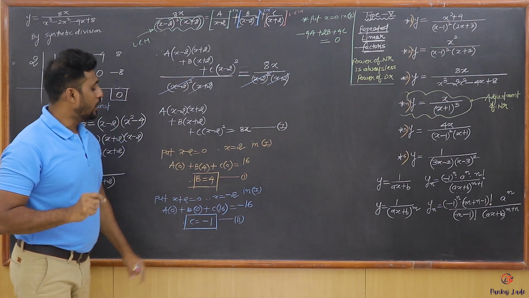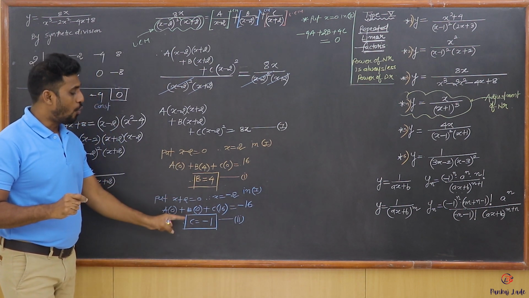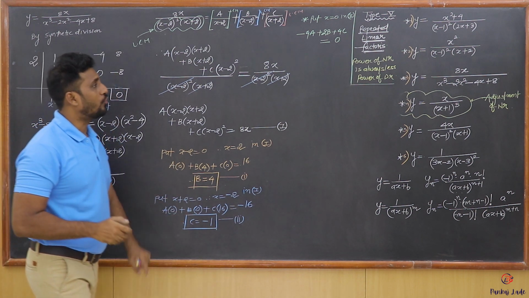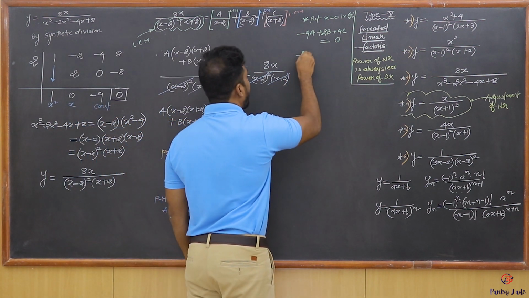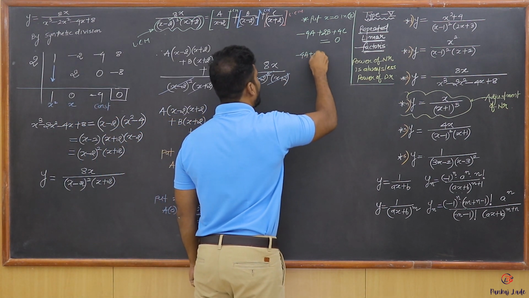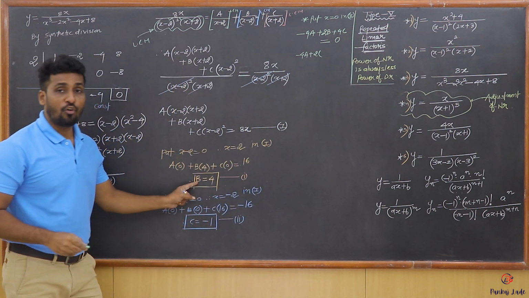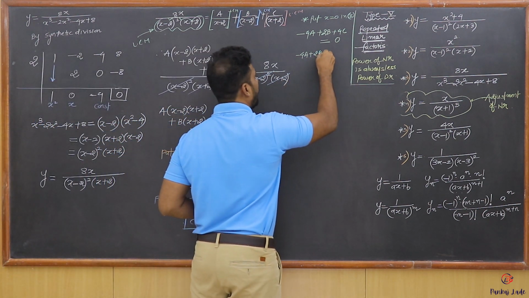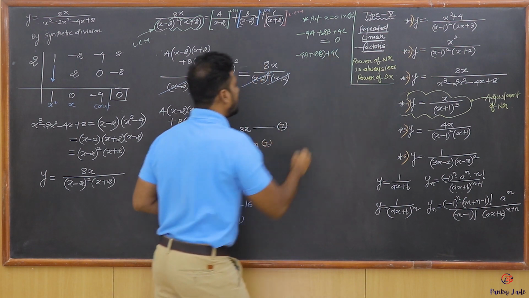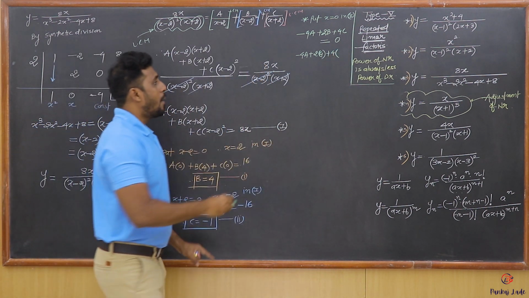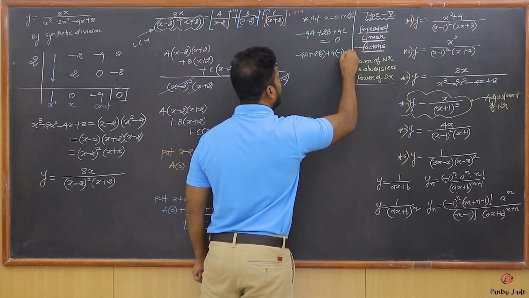Now, don't you know the values of b and c? b is 4, c is minus 1. So let's make use of those values. I can say minus 4a plus 2 into, what's the value of b? The value of b is 4. So I write here 4 plus 4 into, what's the value of c? The value of c is minus 1, equal to 0.